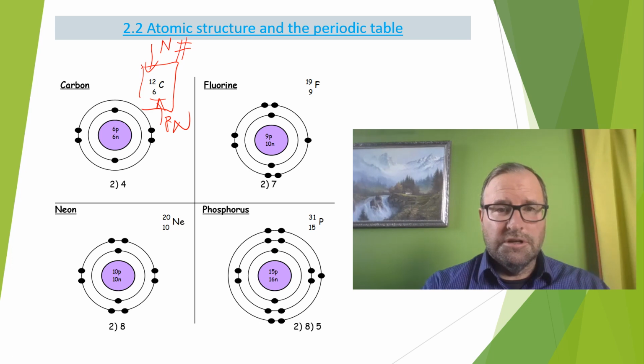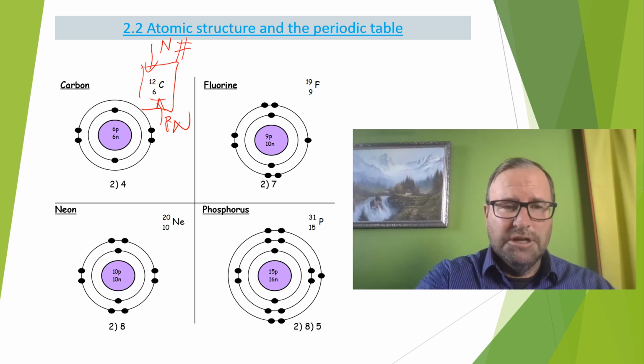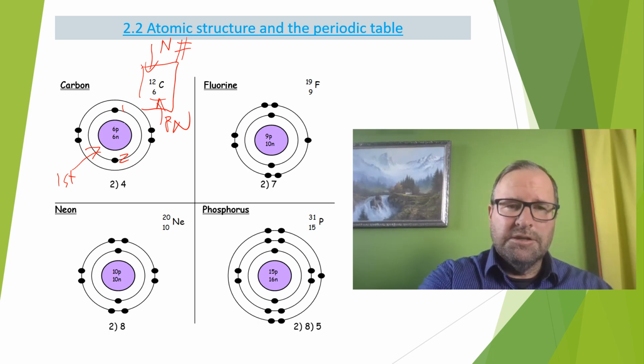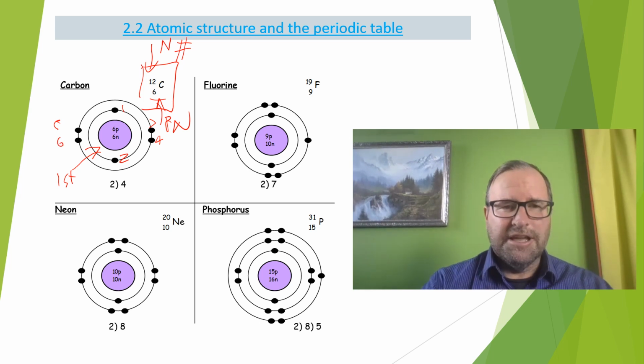According to our rules of electronic configuration, the first 2 electrons go in the first shell, maximum electrons is 2, and then the 3rd, 4th, 5th, and 6th start filling up the second shell. So 2 plus 4 gives us our total number of electrons.